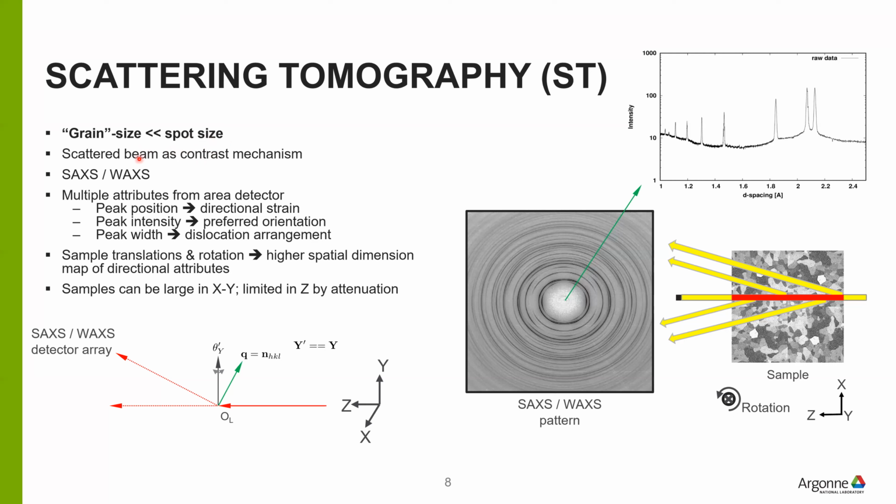In this case, we're looking at samples that have grains or scattering volumes that are much smaller than the X-ray spot size that we're deploying.